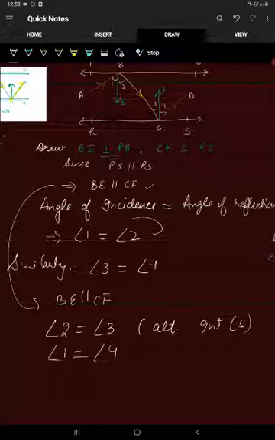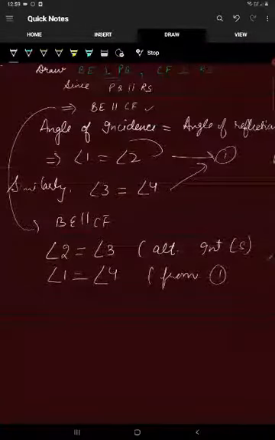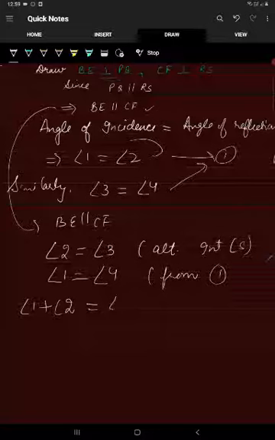So we can replace angle 2 with angle 1 and angle 3 with angle 4. Now adding the above two equations, we can write that angle 1 plus angle 2 will be equal to angle 3 plus angle 4.